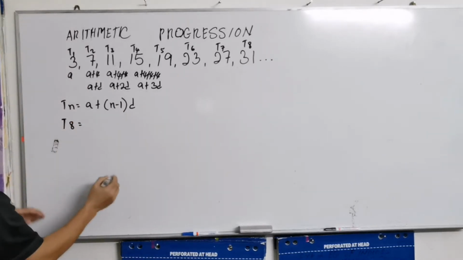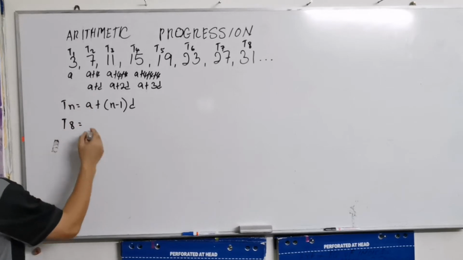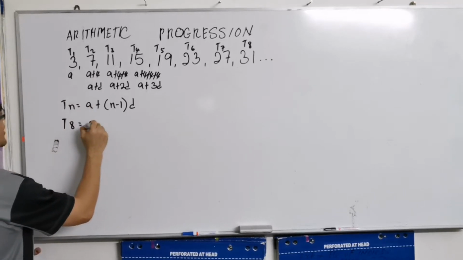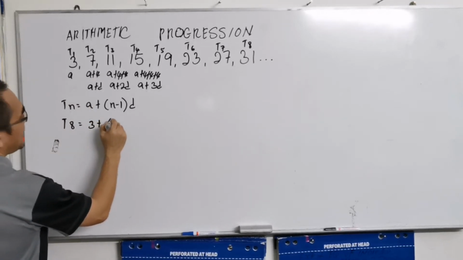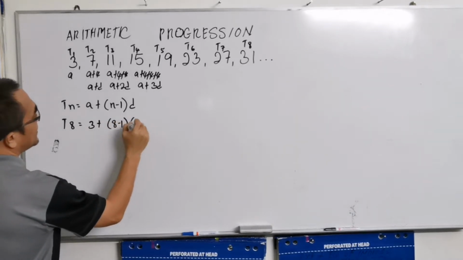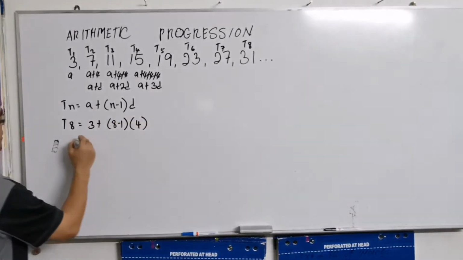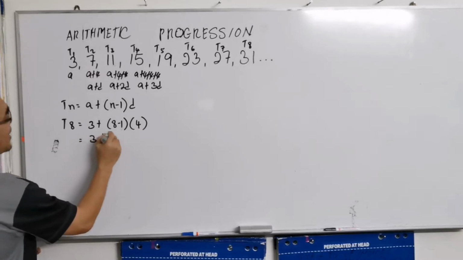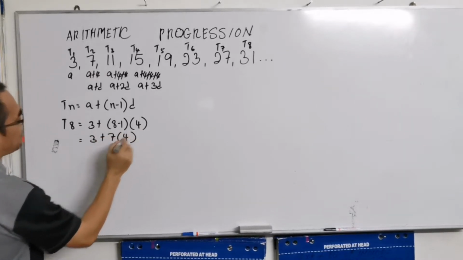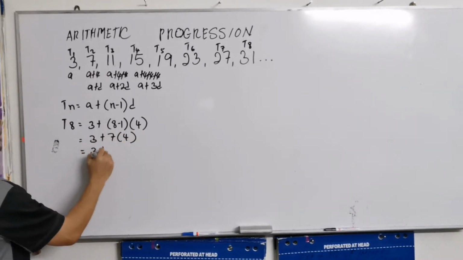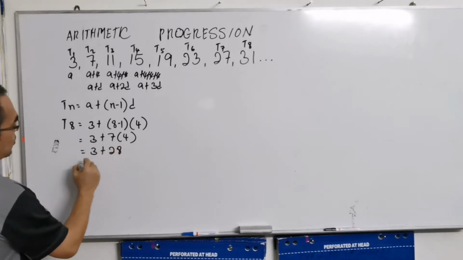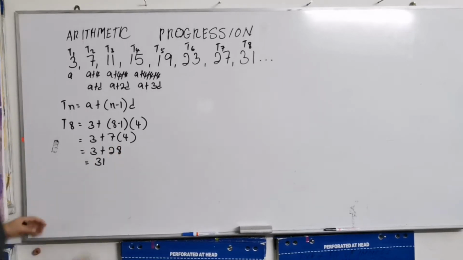T8 will be A, the first term, which is 3, plus 8 minus 1 times D, which is 4. So you get 3 plus 7 times 4, so 3 plus 28, which is 31.